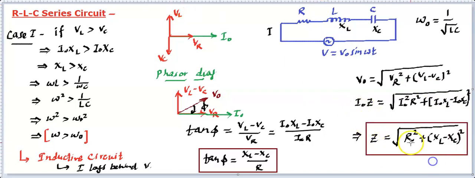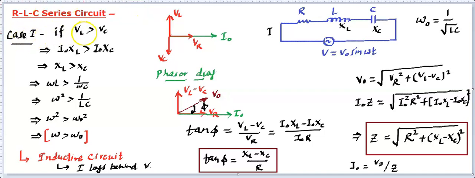Once we know the impedance, I naught can be calculated by following the rule that I naught is going to be V naught by Z. For Z we know the formula, and from here we can calculate phi, so we can calculate the value of I. Once we know this I, then the potential across this is I into R, across this is I into XL, across this is I into XC. So we know the potential across each and every element. That means this circuit is completely solved. Making sense?